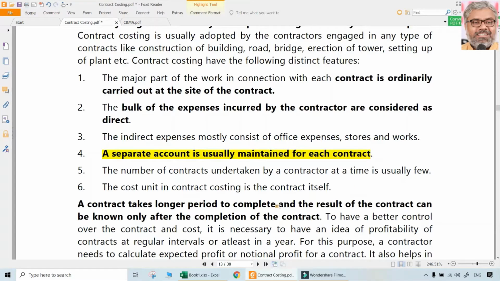Let us say a big organization like Larsen and Toubro, L&T, will have hundreds of contracts being executed throughout the country. They will have a separate contract account for each of them to understand whether each contract is making some profit or not. And all of them will ultimately be transferred to their profit and loss accounts, whether profit or loss.